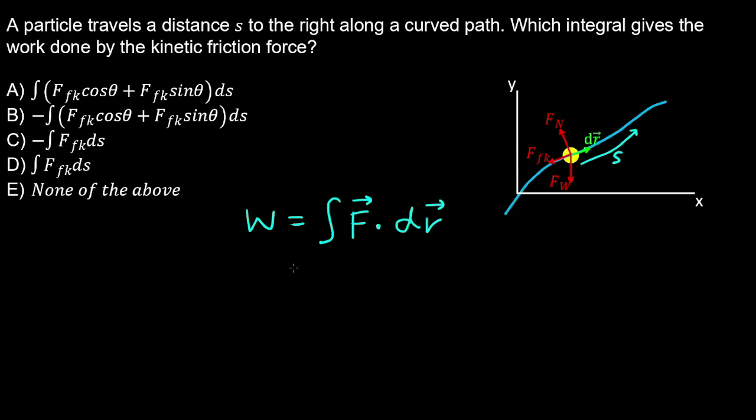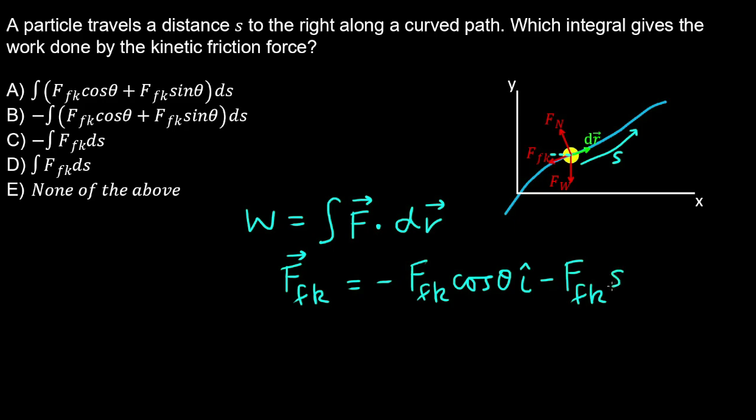So in Cartesian coordinates, we can write the friction force vector as minus the magnitude of the friction force, cosine theta, in the horizontal direction, minus the magnitude of the friction force, by sine theta in the vertical direction.